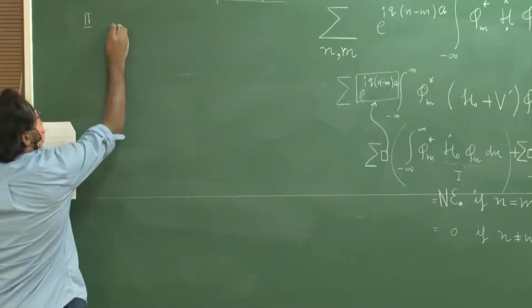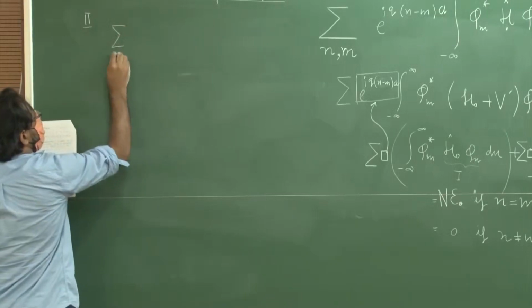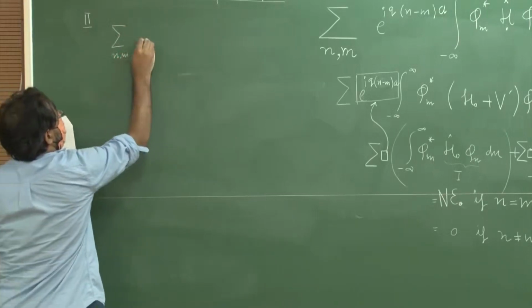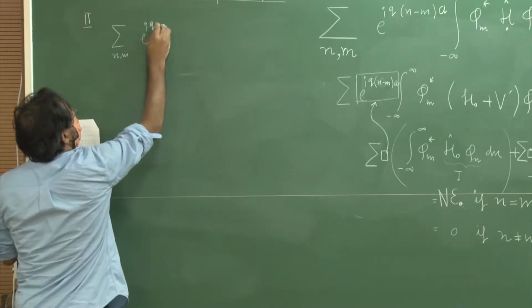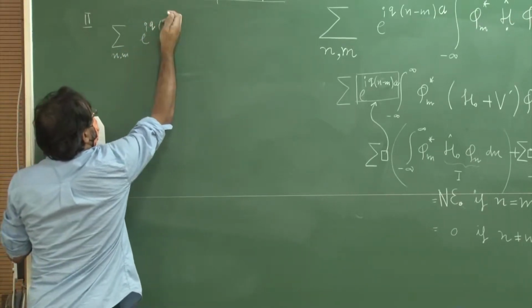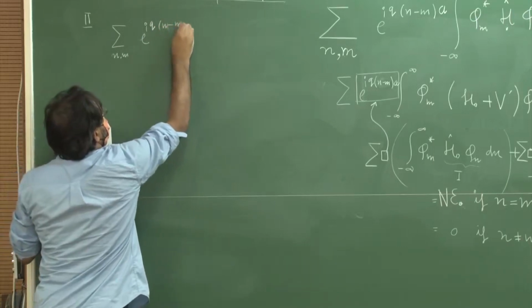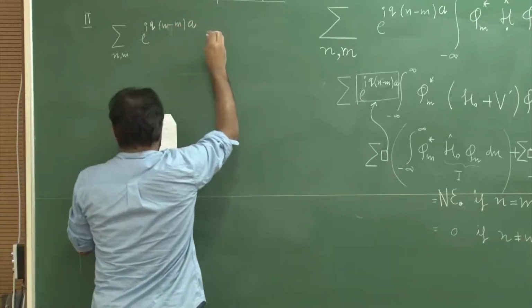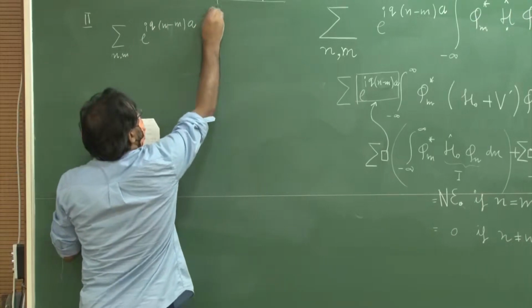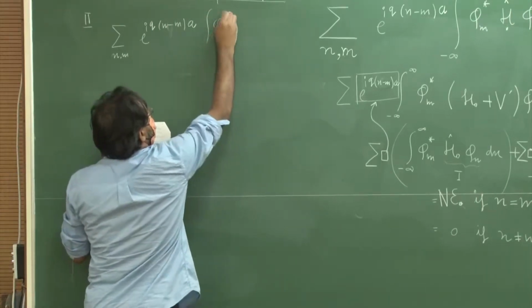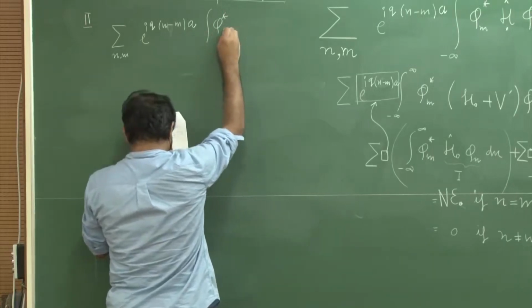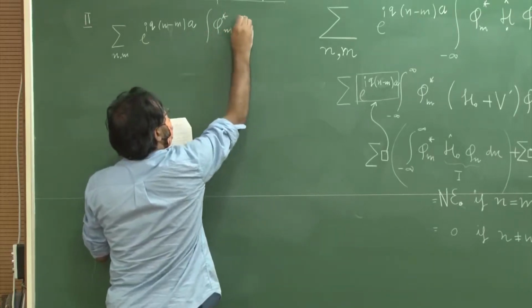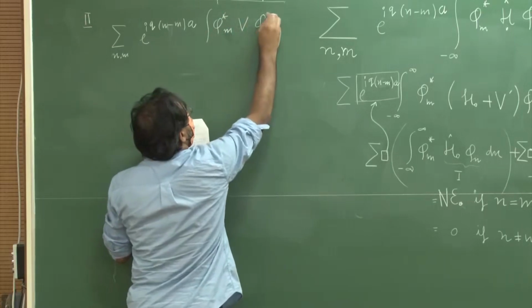The second piece is the summation over n and m of e to the i q (n minus m) a times the integral of phi m star v phi n dx.